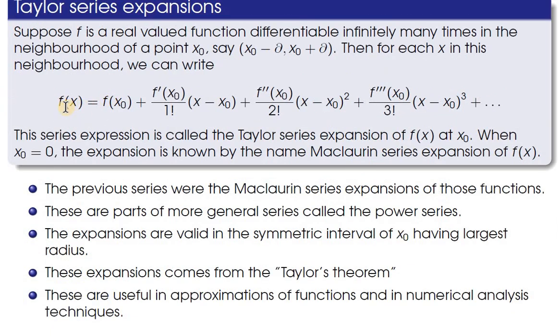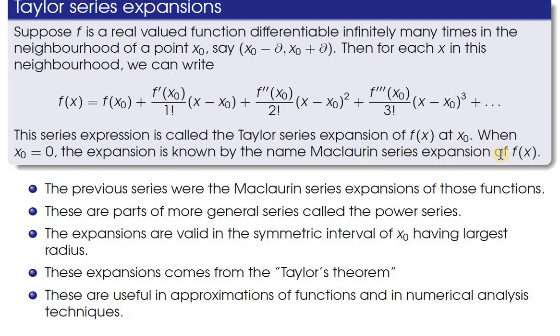Now when x naught is equal to 0, this series expansion takes a particular form: f of x equals f of 0 plus f dash 0 by 1 factorial into x plus f double dash 0 by 2 factorial into x square plus etc. Something like a standard polynomial. That expansion, the Taylor series expansion at the point x naught equal to 0, is called a Maclaurin series expansion of f of x.